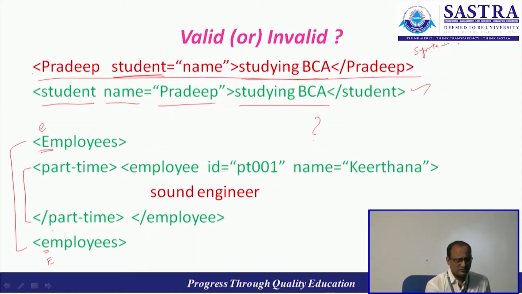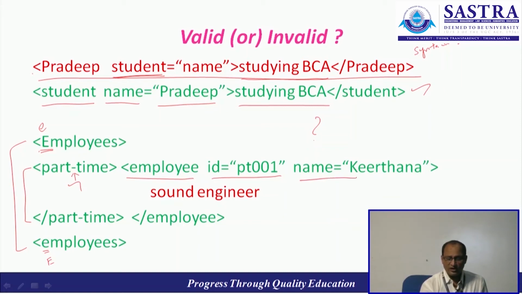Part-time, /part-time. Can we have a hyphen here? Yes, we can have a hyphen here. This is valid. And part-time, which has employee as a child, is an opening element carrying one child. What is that? Employee, ID part-time 001.